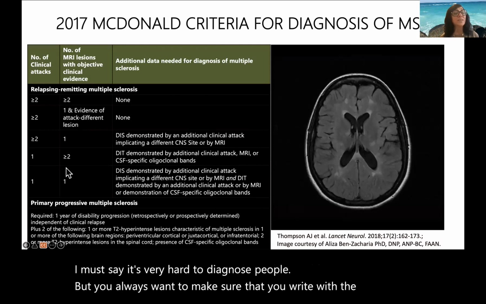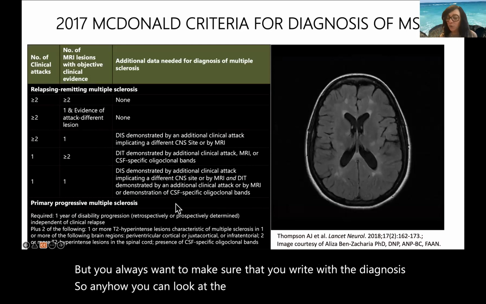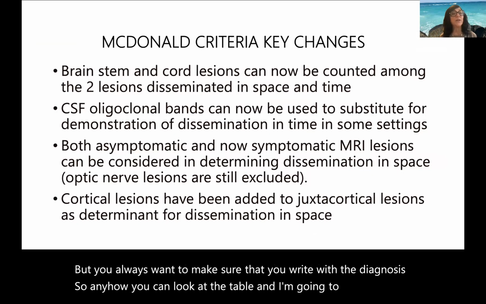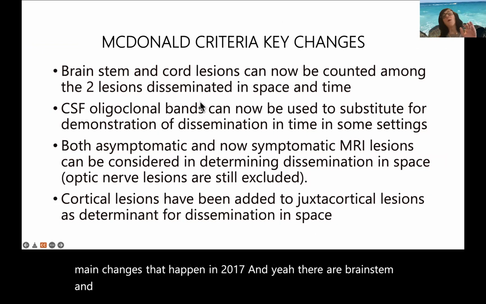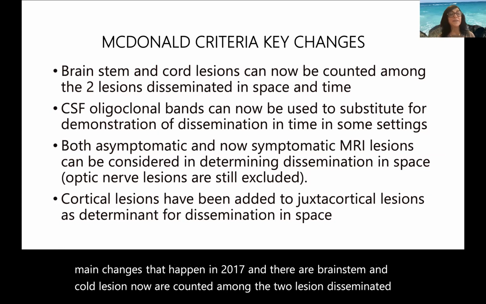So anyhow, you can look at the table, and I'm going to point out the main changes that happened in 2017, and here they are. Brainstem and cord lesions are now counted among the two lesions disseminated in space and time. In the past, they weren't.